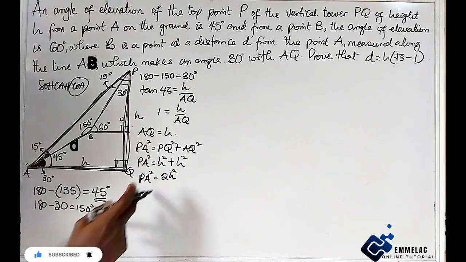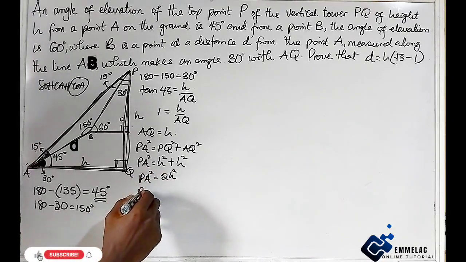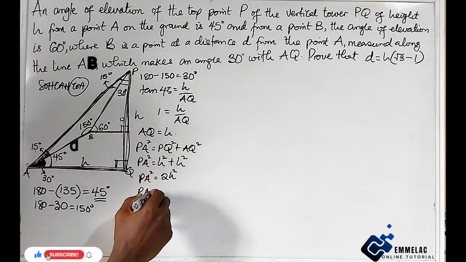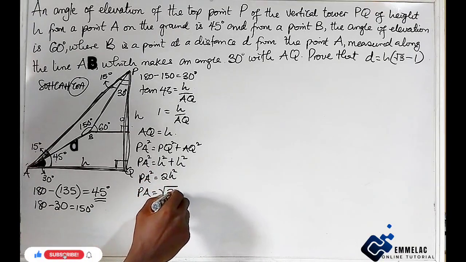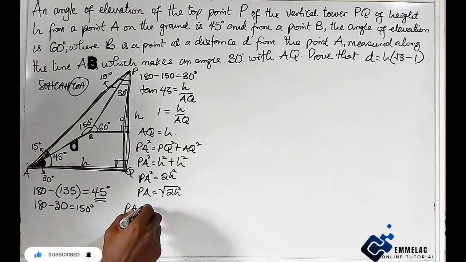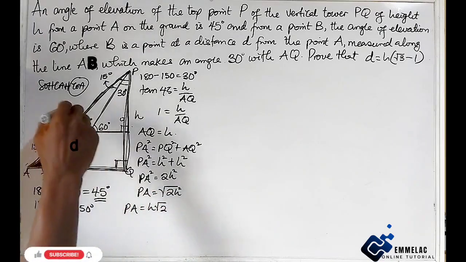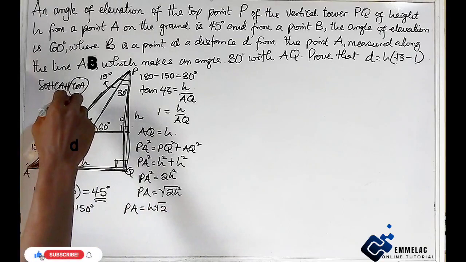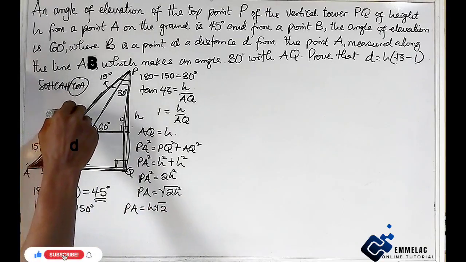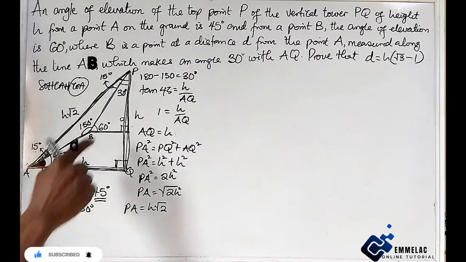Right, now let us find the square root of both sides. So here we have that PA will give us the square root of 2h raised to the power 2, which implies that PA will give us h times the square root of 2.